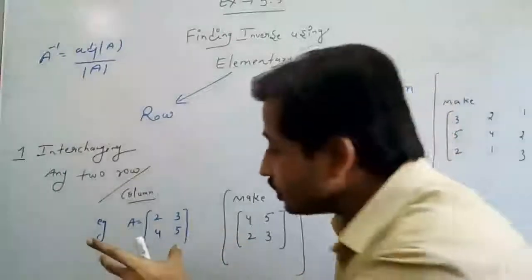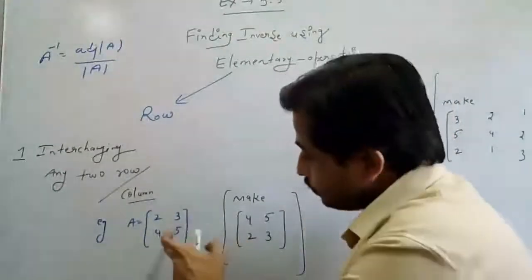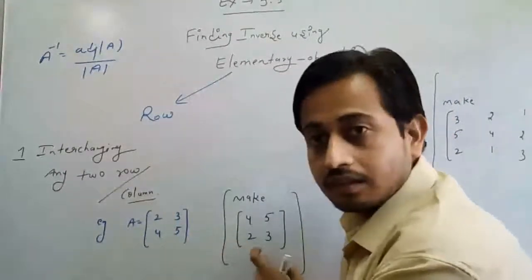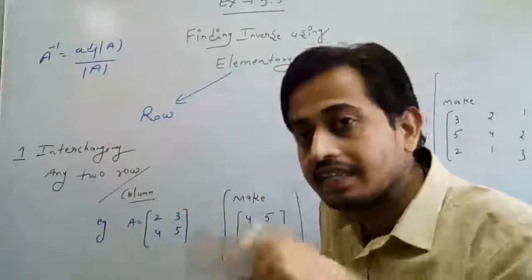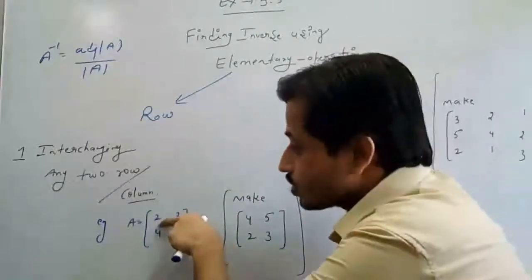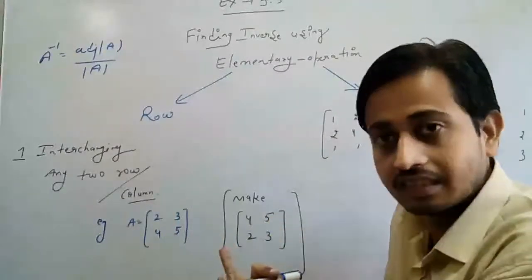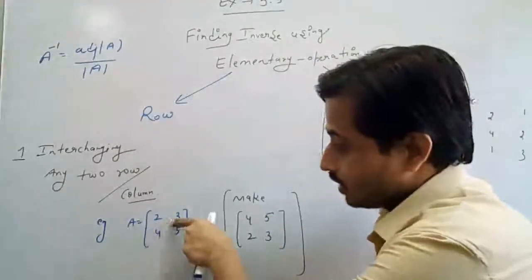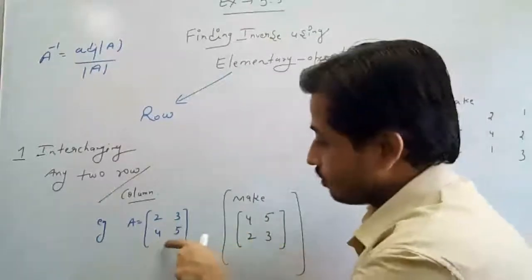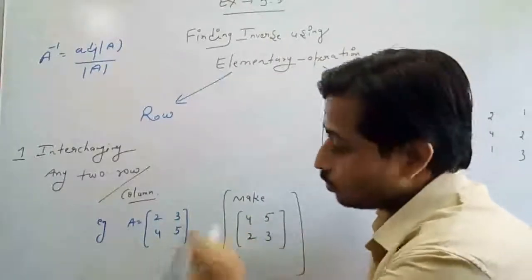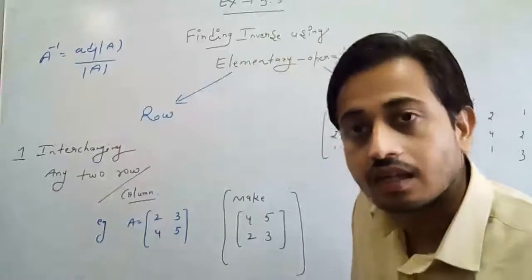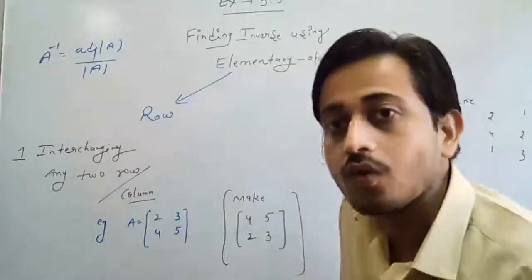Then what do we have to do here? Please make a note. The elements are similar. If we interchange the first row and the second row, then we will get this matrix easily, because 2, 3 is the second row and 4, 5 is the first. So we have to interchange row 1 and row 2.